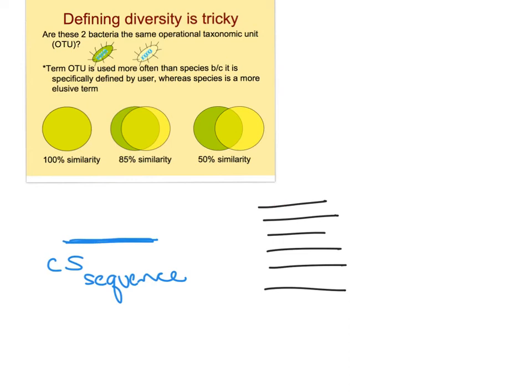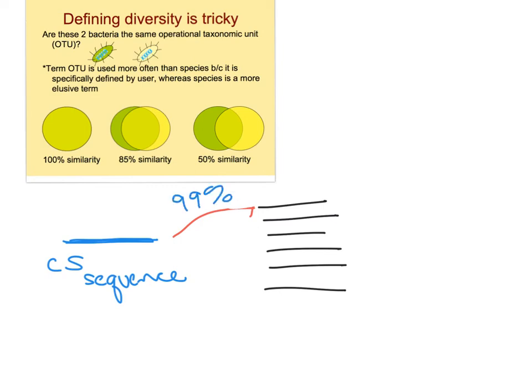Of course, if it's 100% similar, then you can say, yeah, it's probably a species. But we know that there's variation in species. There's variation in the DNA between all of us, so species can vary. So what happens if it's 99% similar?